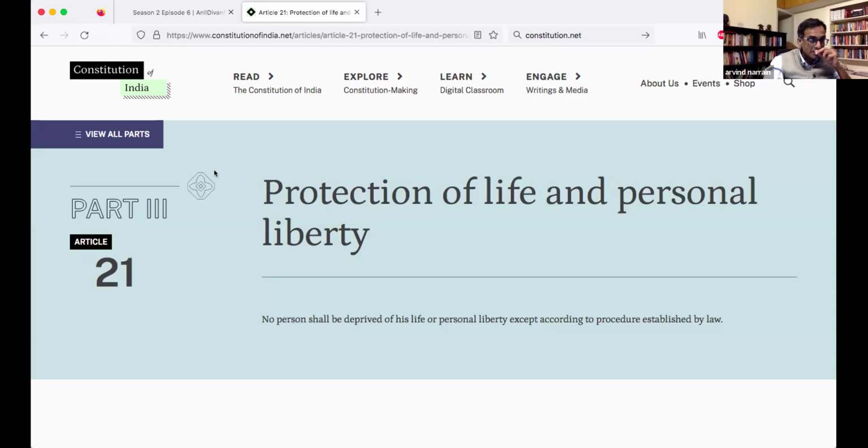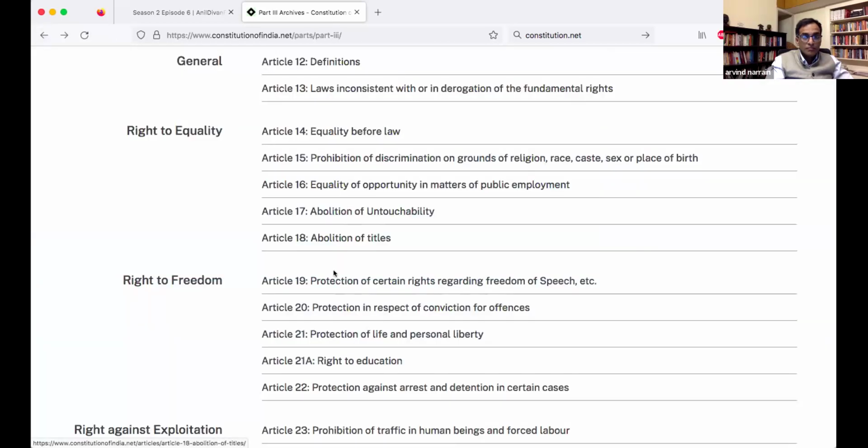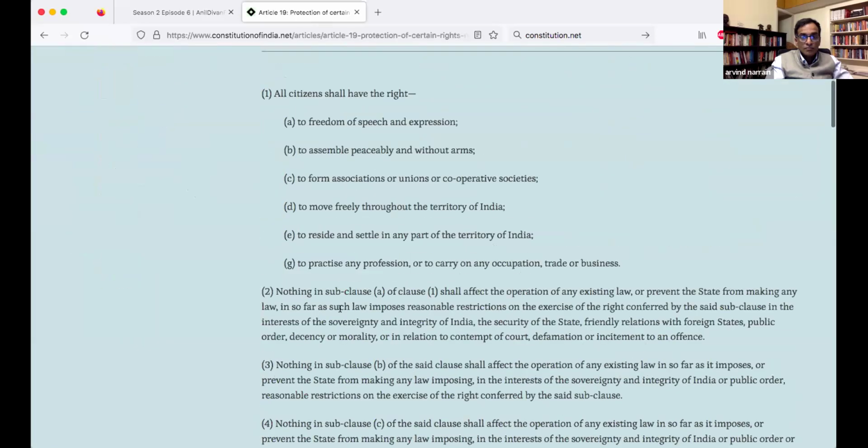There are no exceptions in 21. Like in 19, we saw in certain situations it cannot be provided, but in 21, I feel there are no exceptions. That's why maybe it is worded like this.